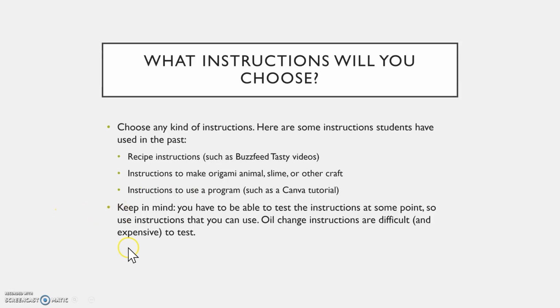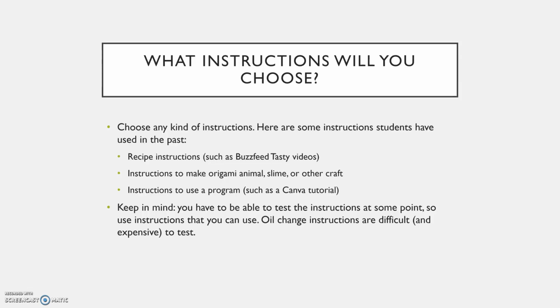Now, this is an important note down here. Keep in mind that you will have to test these instructions for real at some point during the process. That's actually step 2 of the process. So use instructions that you can test, that you can use. Oil change instructions would not be very feasible because that would be a very expensive set of instructions to test.